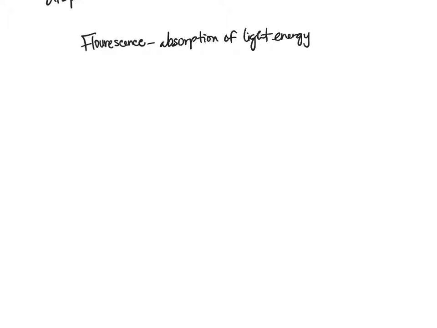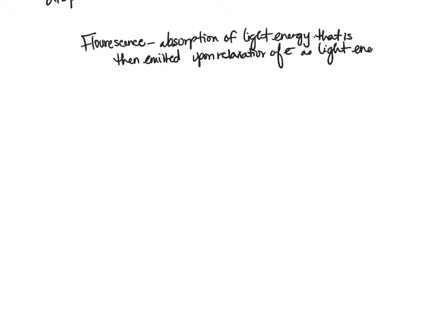So you have to turn on the lights so that it's absorbed, light energy that is then emitted upon relaxation of electrons as light energy. And then this is usually of a lower energy.